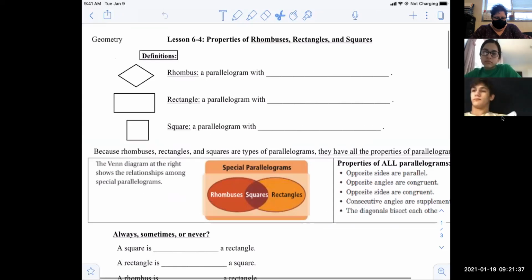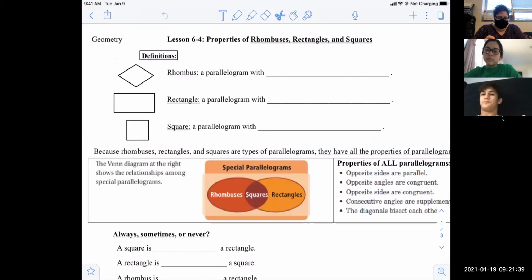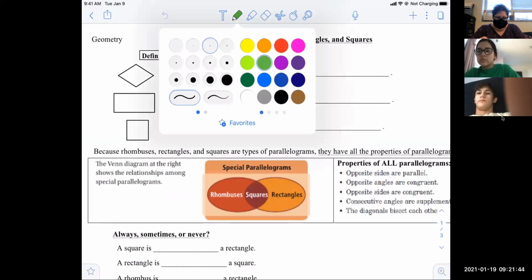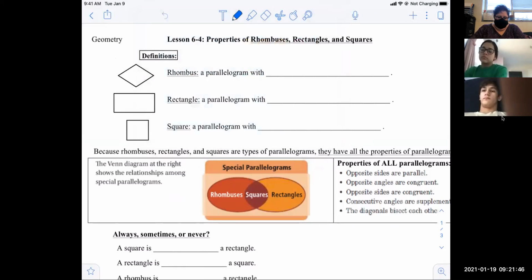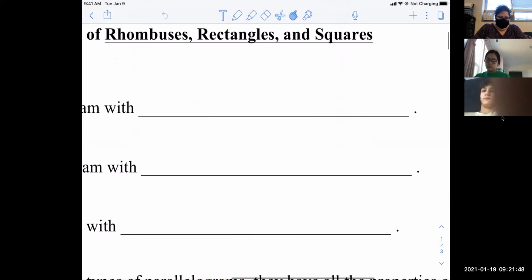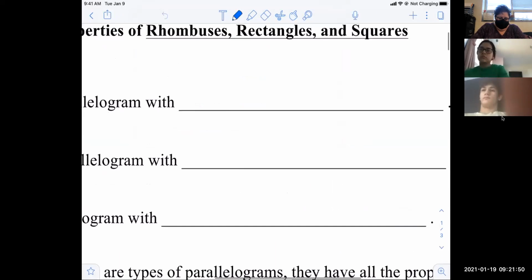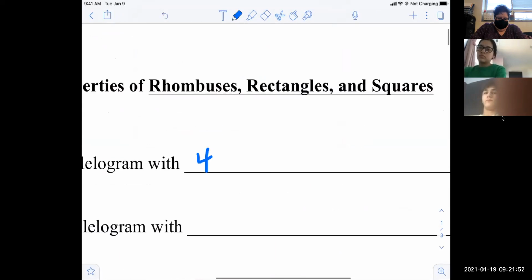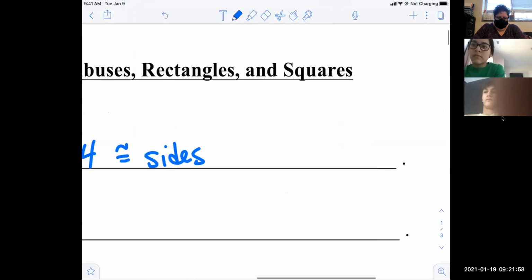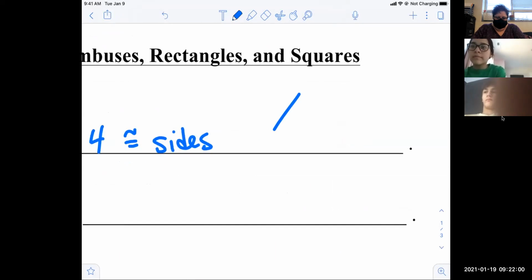Okay, here are definitions. A rhombus is a parallelogram with 4 congruent sides. Okay, a rhombus looks like this.